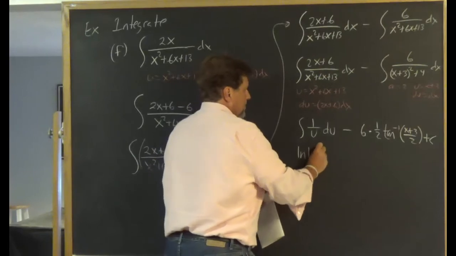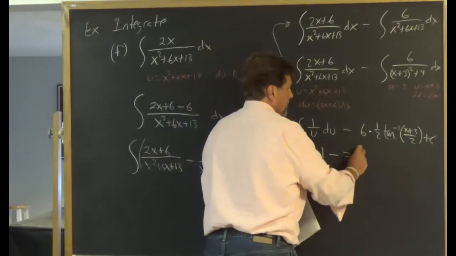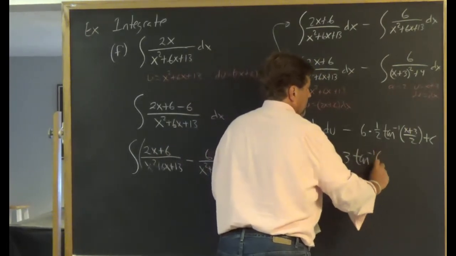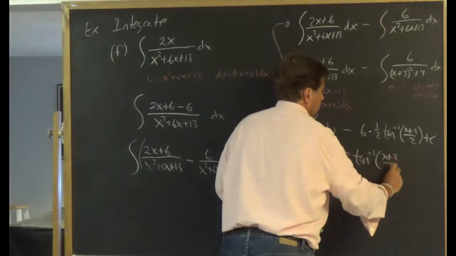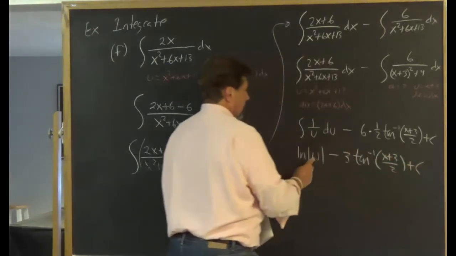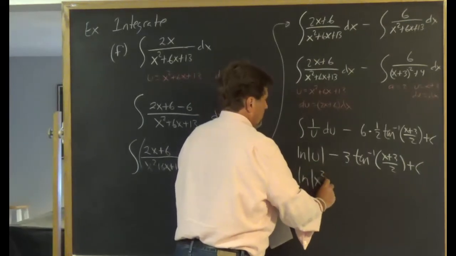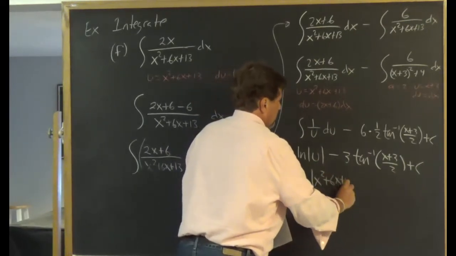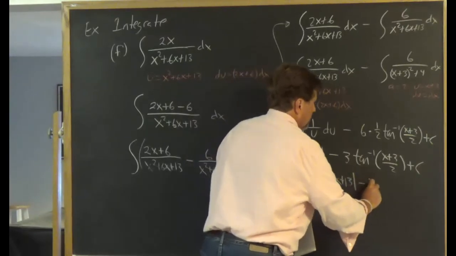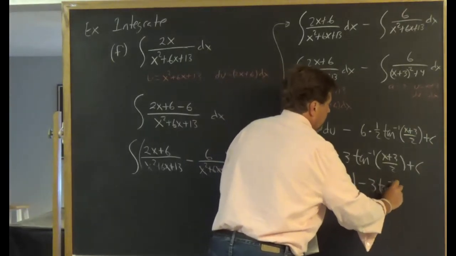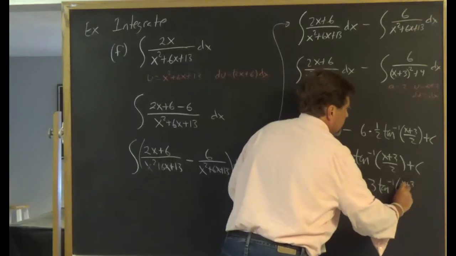It's natural log absolute value of u. And then we resubstitute for our u. And we finally have finished the problem.